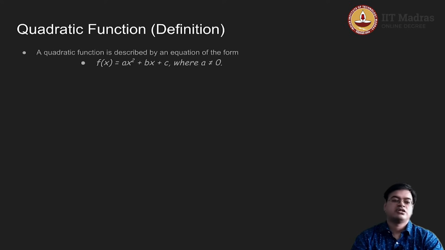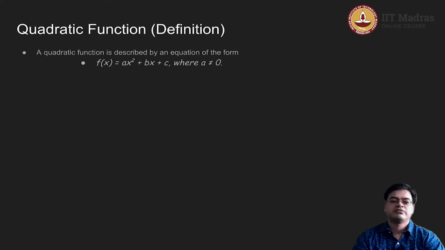Let us talk about the name quadratic function. The name is derived from a foreign language, where the word quadratum means square, and quadratic means related to square. So a quadratic function is a function that is related to the square of the variable.